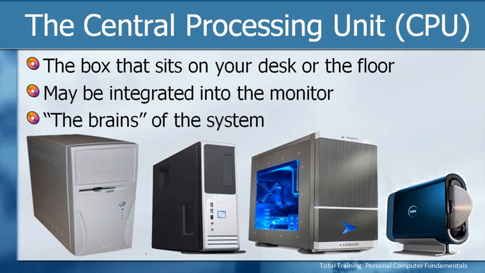The third one is actually a gaming machine, and it has all kinds of nice little lights and things that light up on the inside, makes it more exciting for people who are gamers. And on the right-hand side, we have a very small one that can sit right on the desktop. All of these do exactly the same thing. They have different potential. We'll talk about what that is in just a few minutes, but they're all the brains of a system, even though they're different sizes, different shapes, different colors, and so forth.